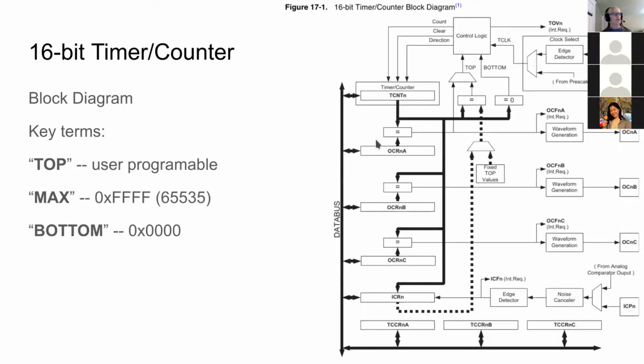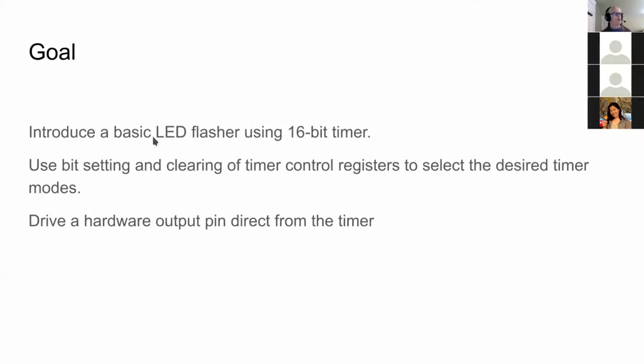LED flasher, whoops. But how can we generate a constant frequency using the 16-bit timer? And we'll show how we're going to use the bit setting and clearing of these specific control registers to get something to actually happen.